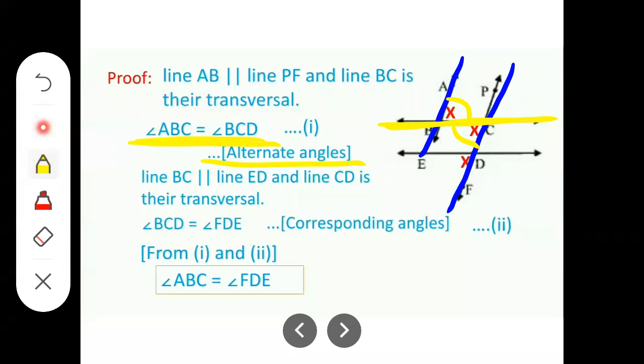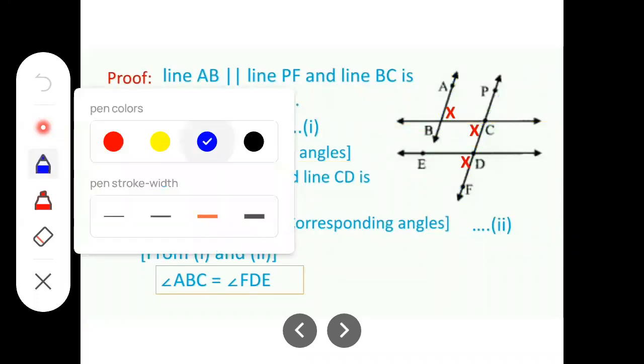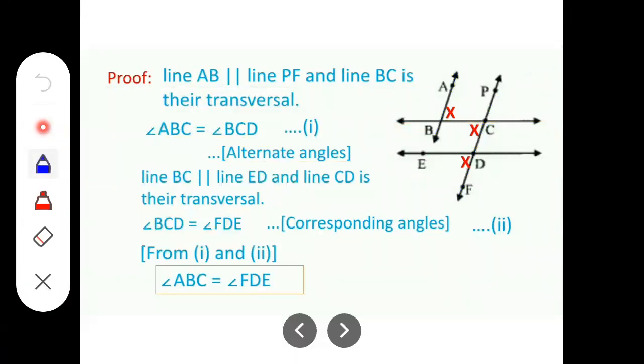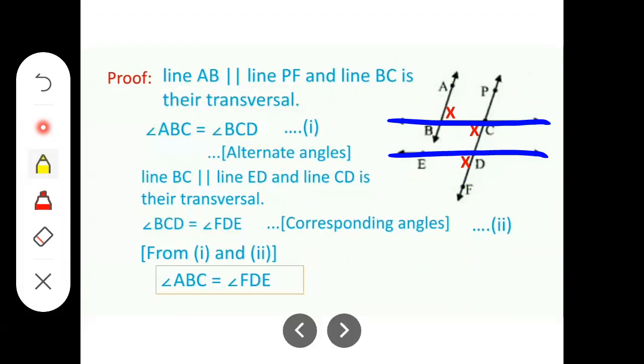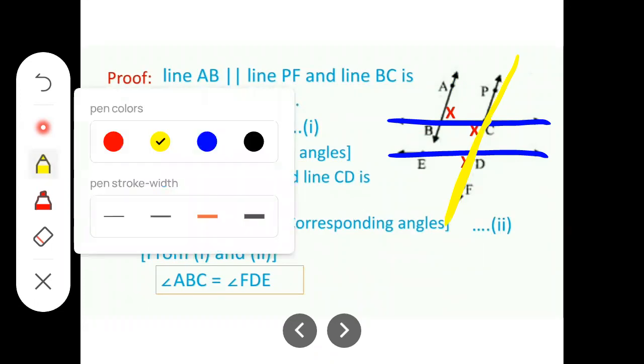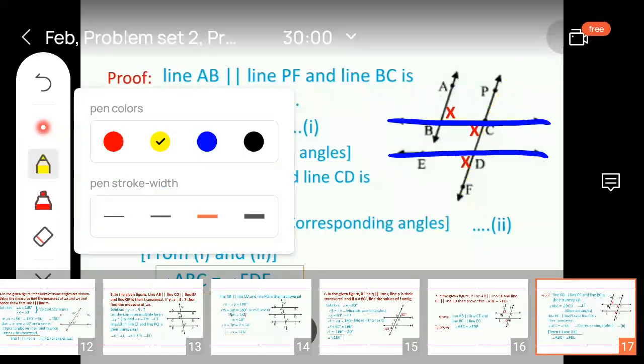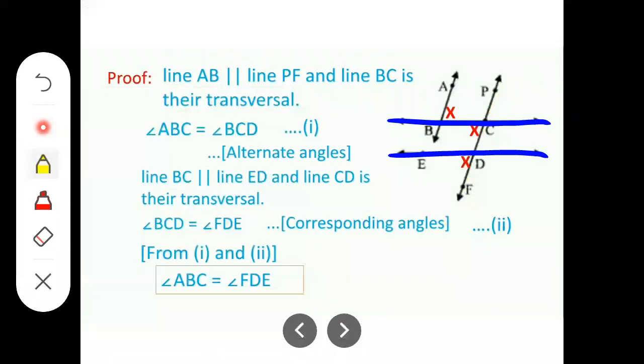Now in the second case, line BC and line ED are parallel to each other and CD will be their transversal. Now here again, one second, those got hidden because of my transversal, so let me draw it properly.